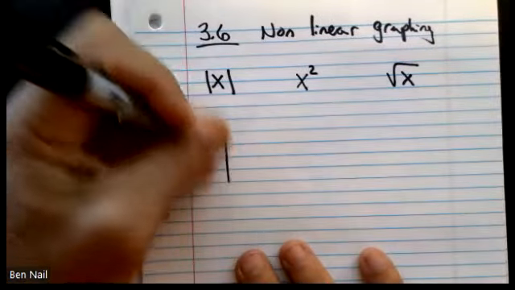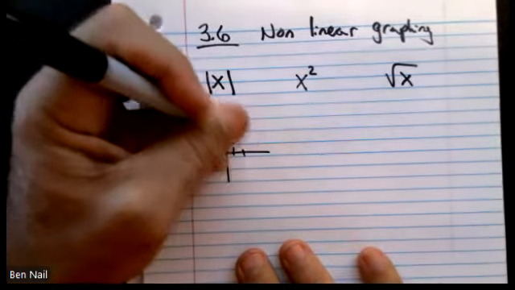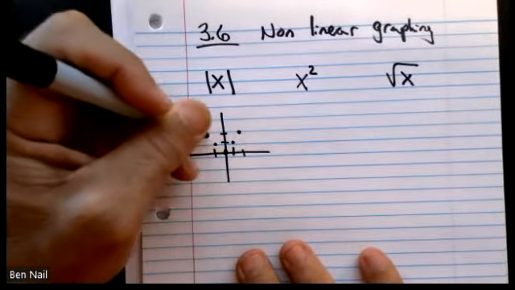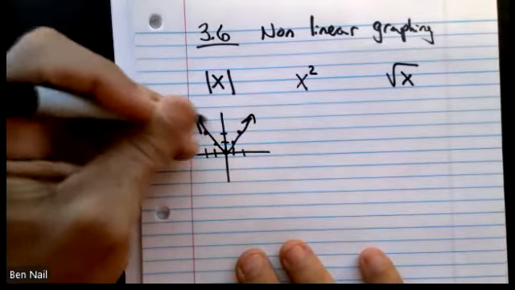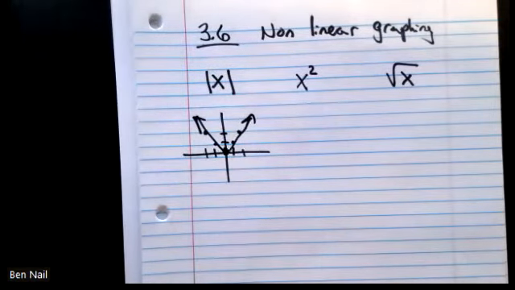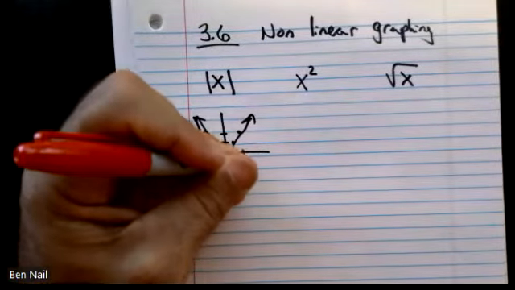So first off, an absolute value function makes a V. Okay, you've got a point here. It's called the vertex.